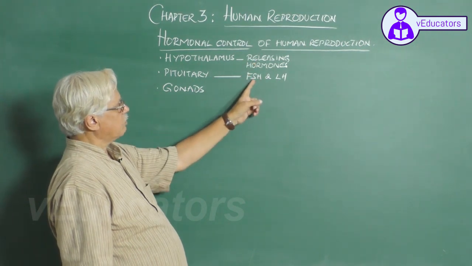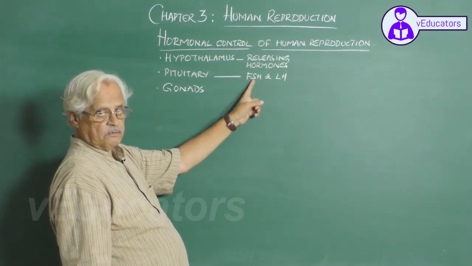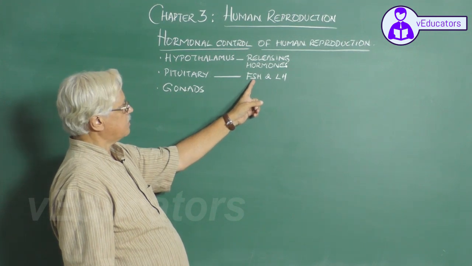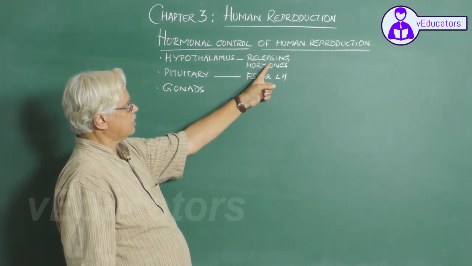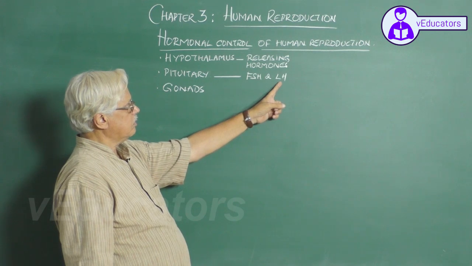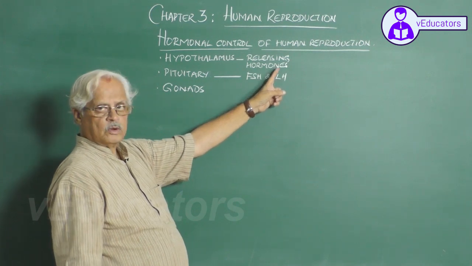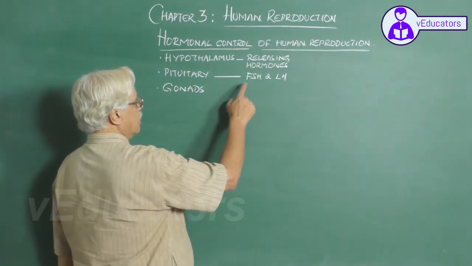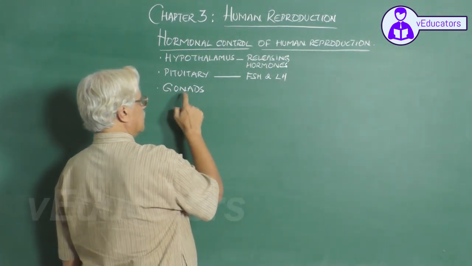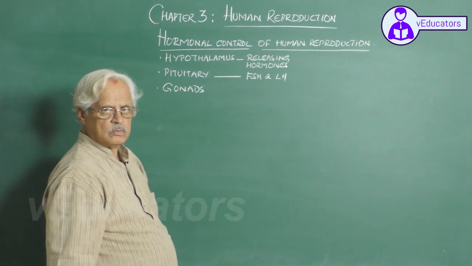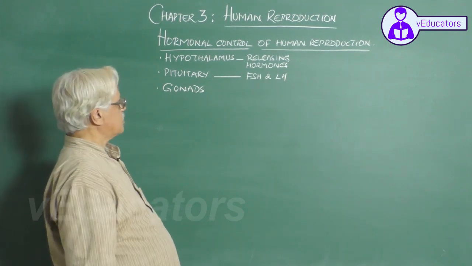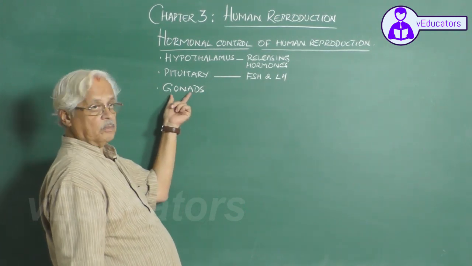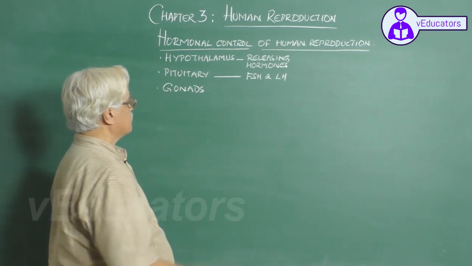There is a releasing hormone for FSH, it is called FSH-RH. There is a releasing hormone for LH, it is called LH-RH. FSH and LH influence the gonads in their various functions as also the accessory reproductive structures.